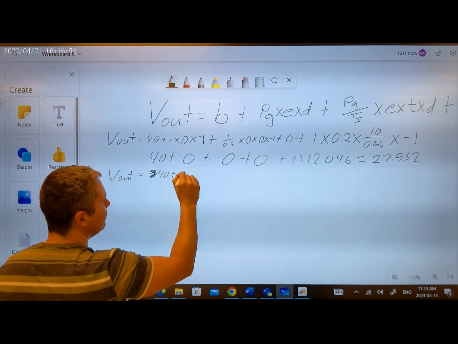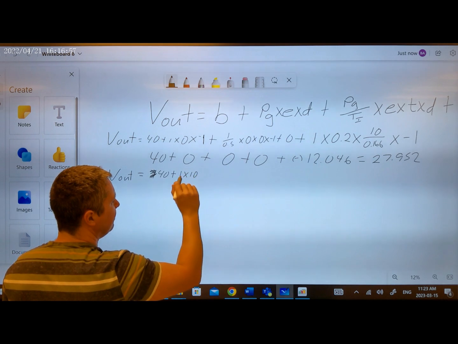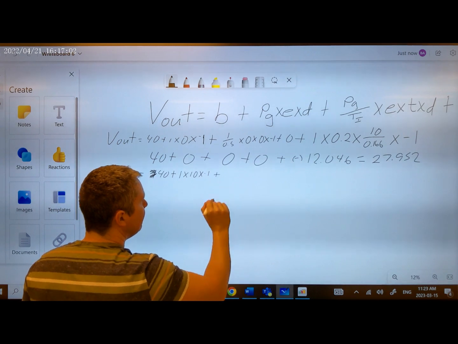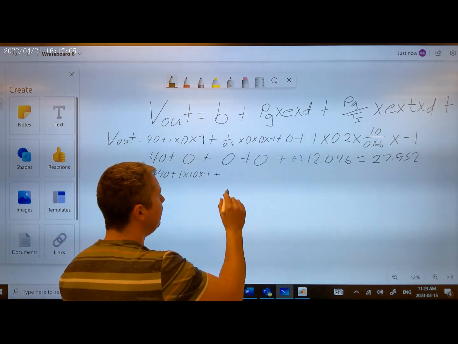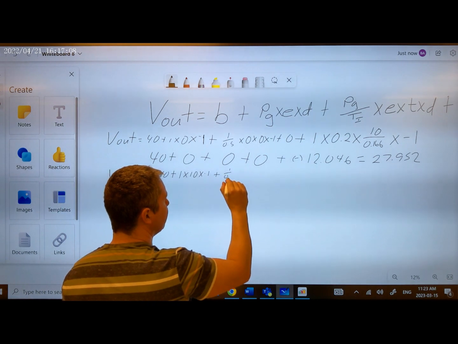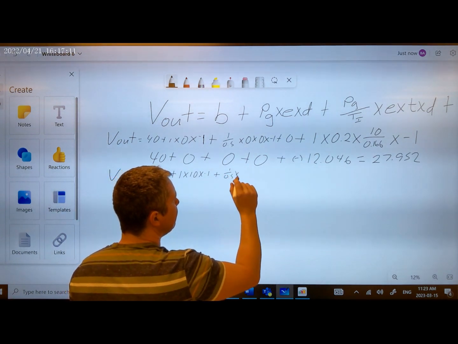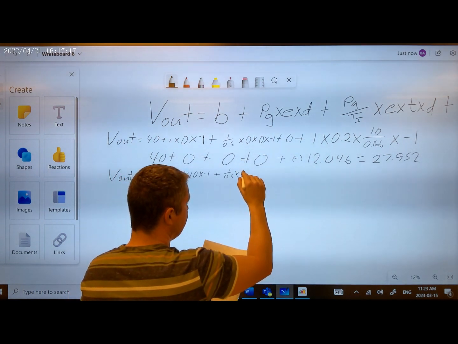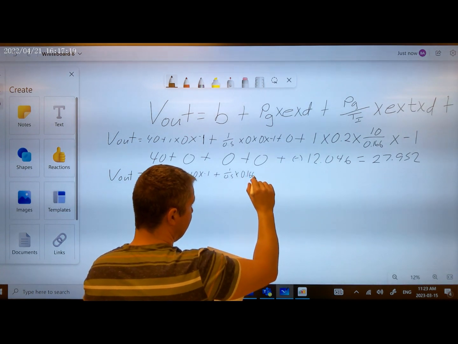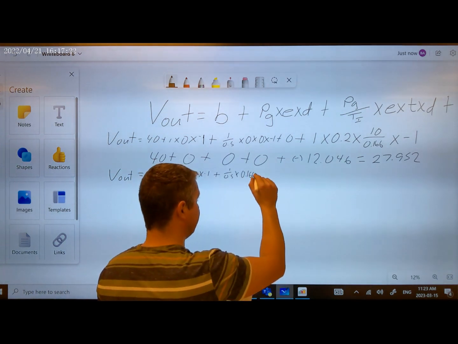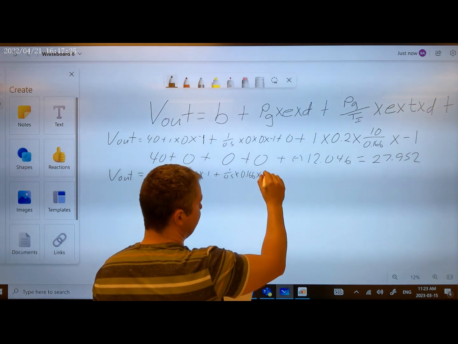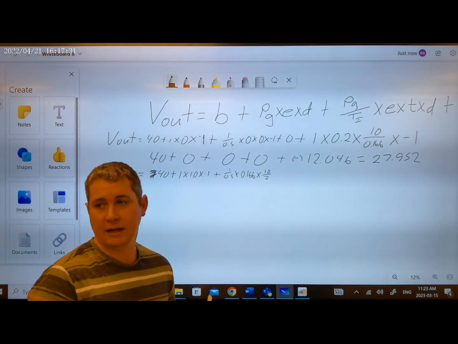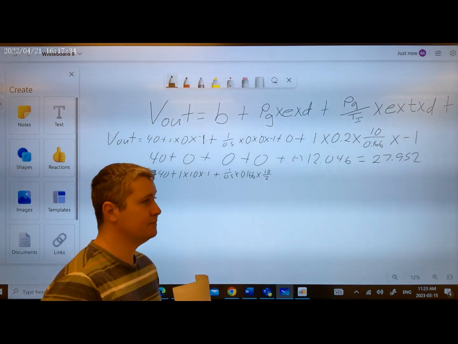Now we have 1 times our 10 of an error, so proportional gain times error of 10 times direction of -1, plus our integral of proportional over integral times our time, which is 0.166, which is 10 seconds in minutes, times our error, which is 10 divided by 2, because that is the triangle, right?